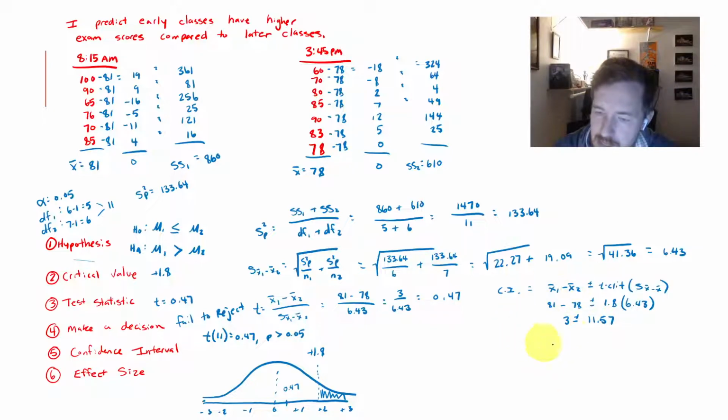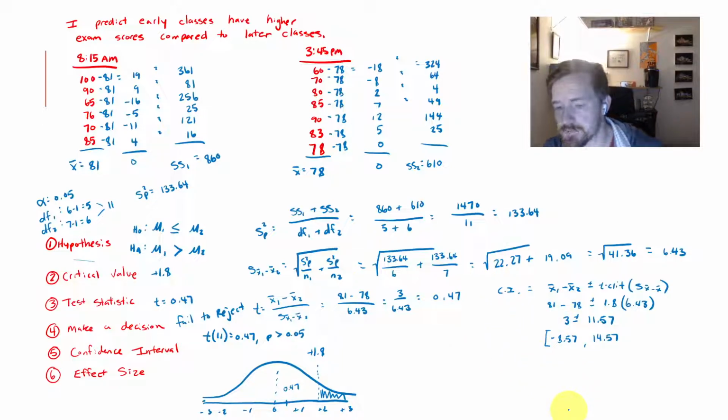So in my lower bound, 3 subtracted by 11.57 is going to give me negative 8.57, and it's going to give me a positive 14.57. Is that right? Let me double check that. I have concerns. No, I guess that's right. Okay.